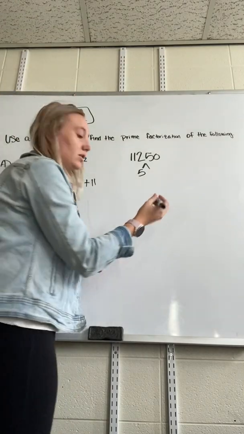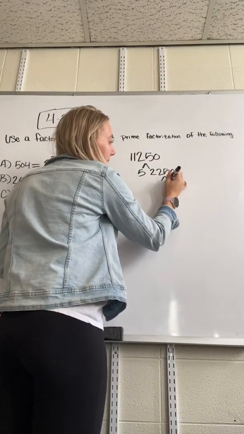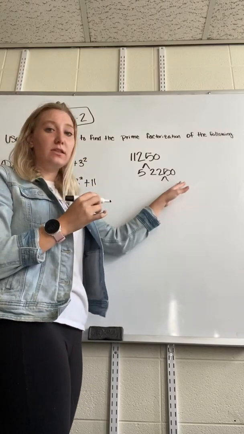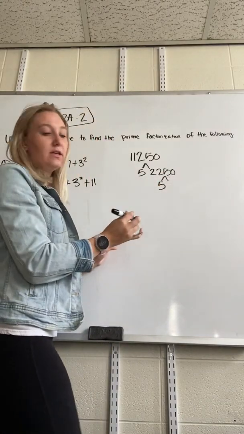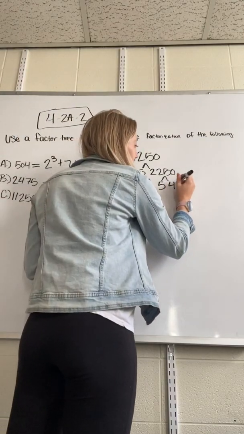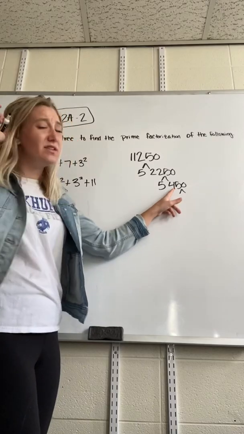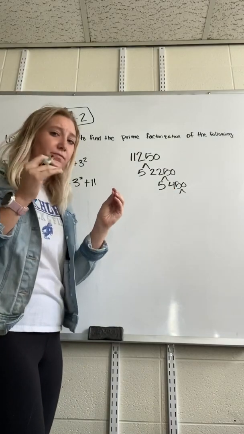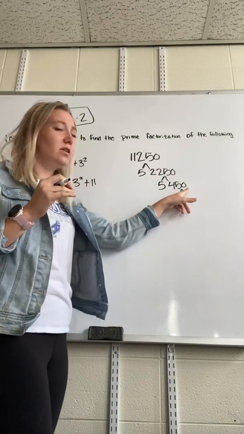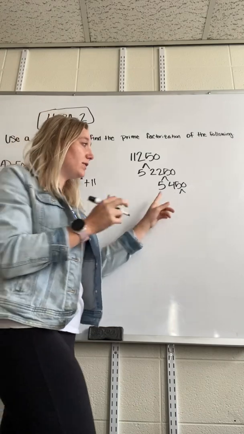So that'd be 2,250. It still is even and ends with a 0, so I can divide by 5 again, which is 450. I know it's still a 0, so I'm going to do 5 again.